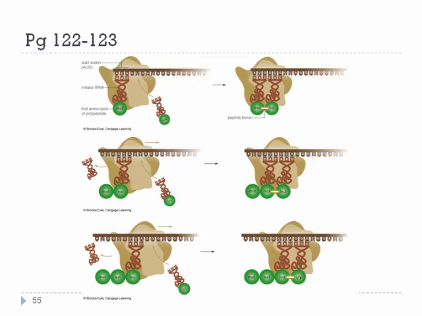There's 3 stages of translation. And then here's the figure that shows the translation process. So you get 2 tRNAs right next to each other, with their amino acids next to each other, and you form a peptide bond. Then this tRNA goes away, the next one comes in, and you form a peptide bond.